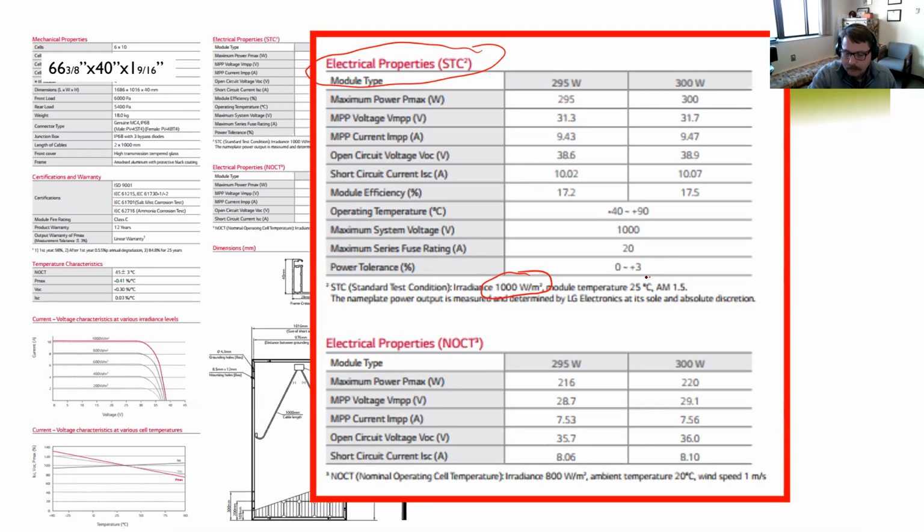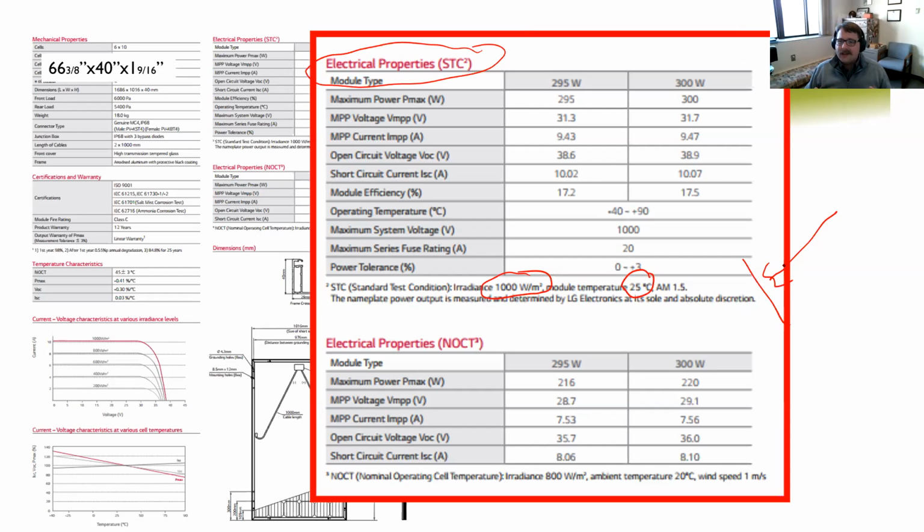We have a specific temperature of 25 degrees C. We have an air mass of 1.5, essentially saying how much atmosphere is between the solar panel and the sun. And I think there's one in there where the sunlight is coming in at a 90-degree angle into the solar panel.